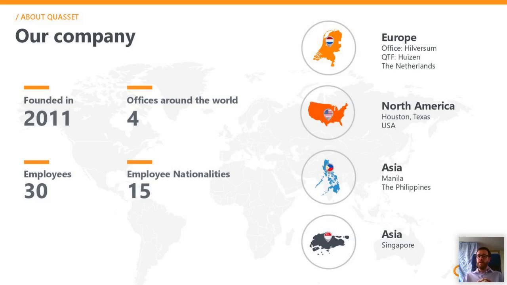Manila is where our software development team lives, and a lot of our great products, where Asset Builder comes out of, are developed there. We're 30 employees, growing fast, and almost the same amount of nationalities, 15. I'm an Australian, and we're trying to keep up the Dutch side as well.